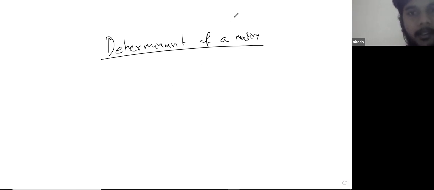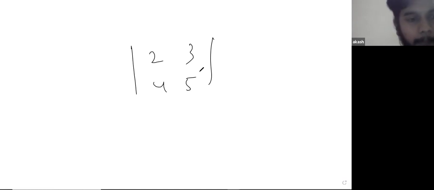Okay, so let's start. Can you solve this determinant 2, 3, 4, 5? Can you tell me the answer of this? This is a determinant.